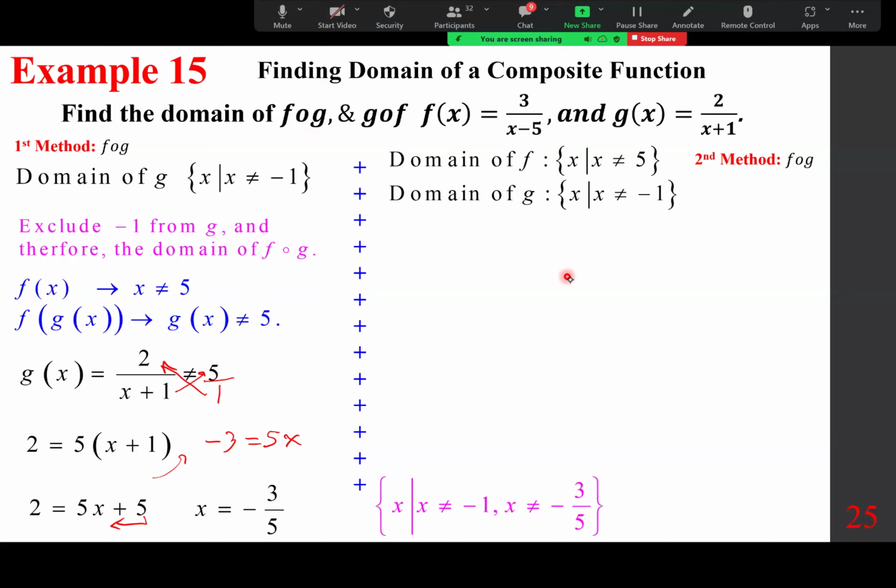Which means this is of interest to us. And then we actually find f of g, which is f of g of x.